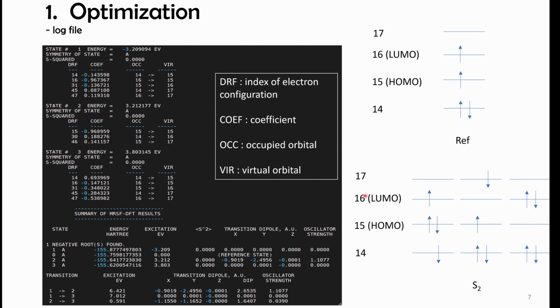So this is an important point. As the Professor mentioned, the ground state and S1 are mainly dominated by a single configuration, but in the case of the S2 state, I understand this coefficient. But first of all, in the first step, you calculate conventional DFT.